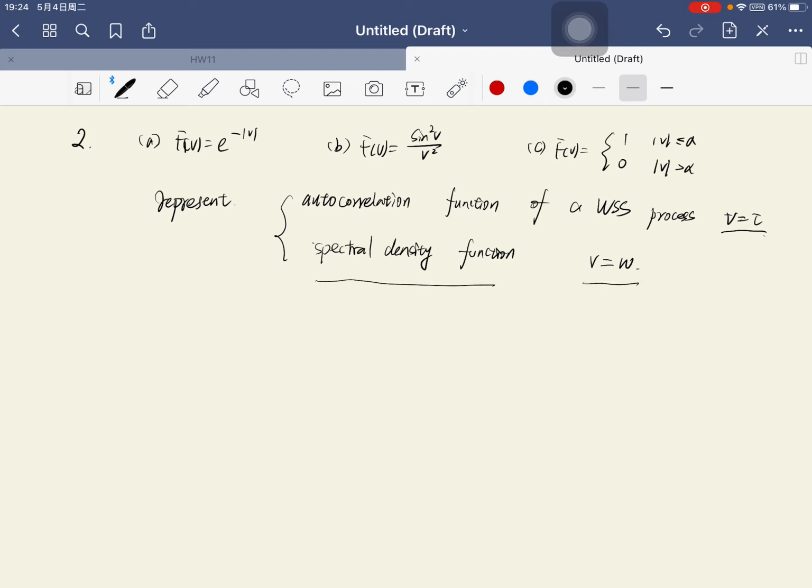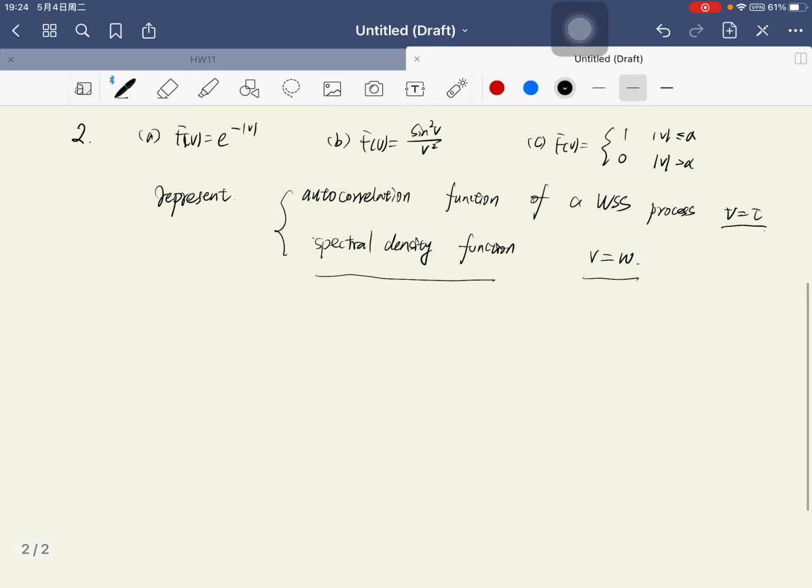For the first one, the function is F(V) equals e to the power of minus absolute V. Before that, we need to know the properties of an autocorrelation function R(tau) of a wide-sense stationary stochastic process.